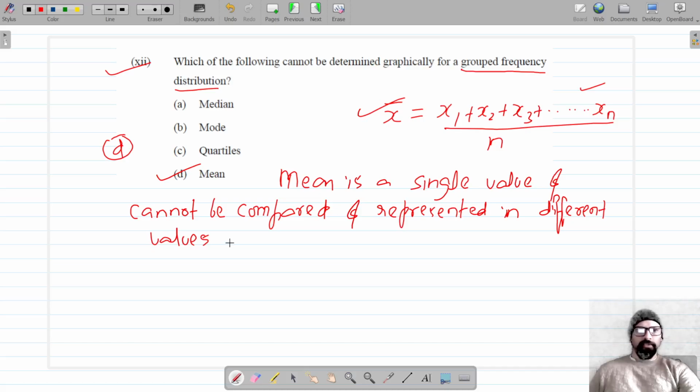Therefore, we cannot find mean by the graphical method, or we can say that determination of mean by the graphical method is not possible.